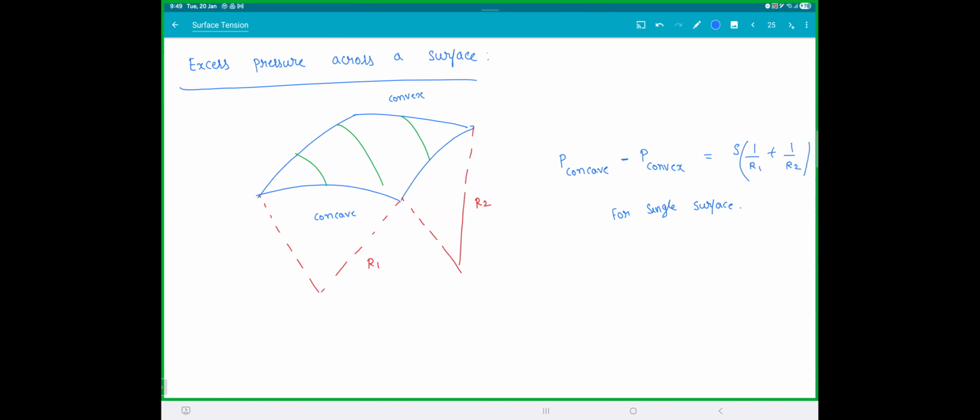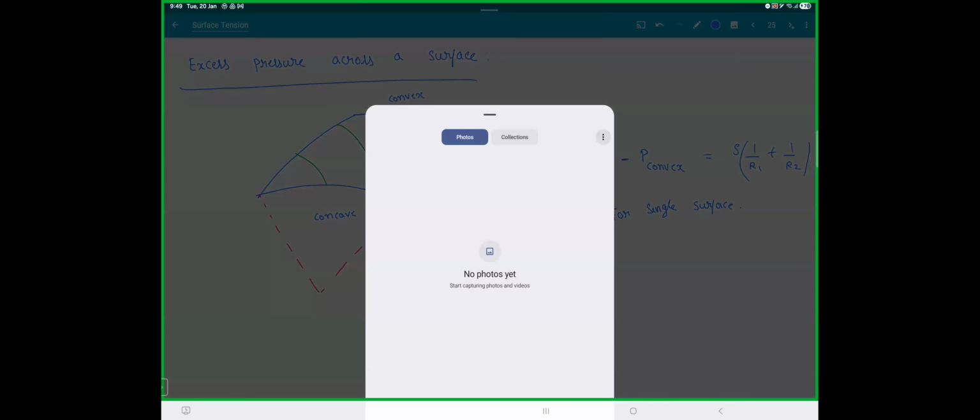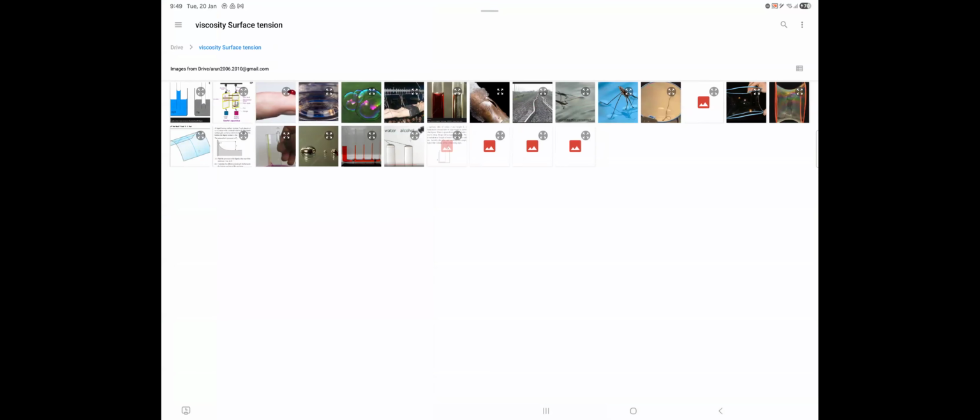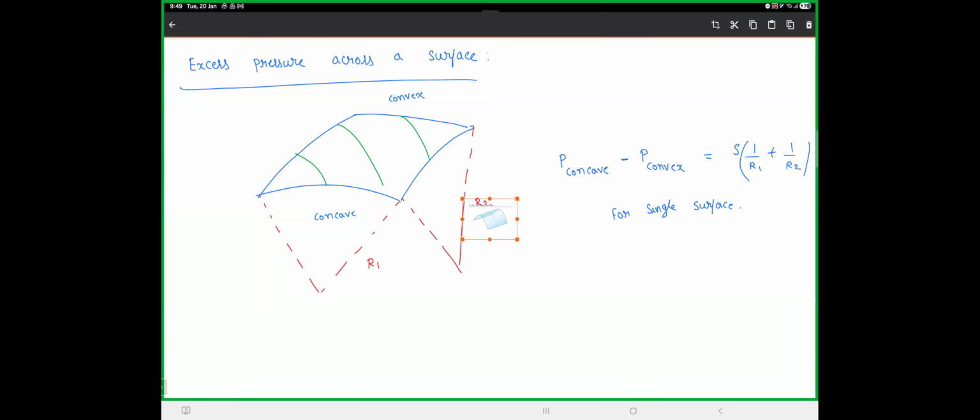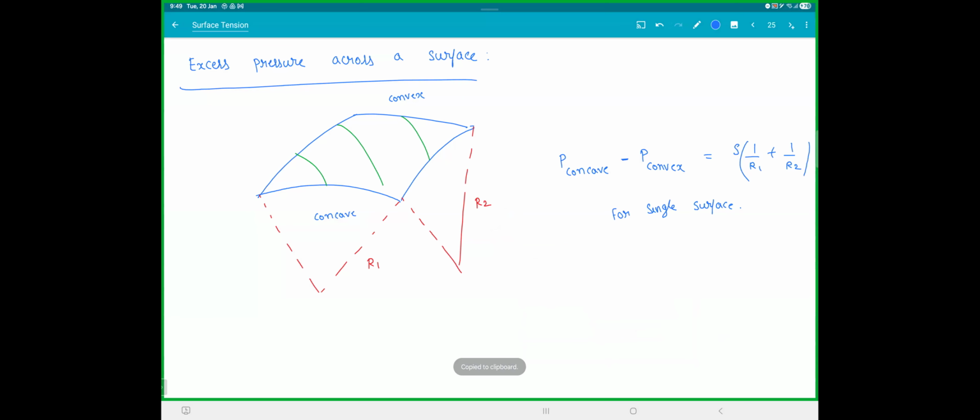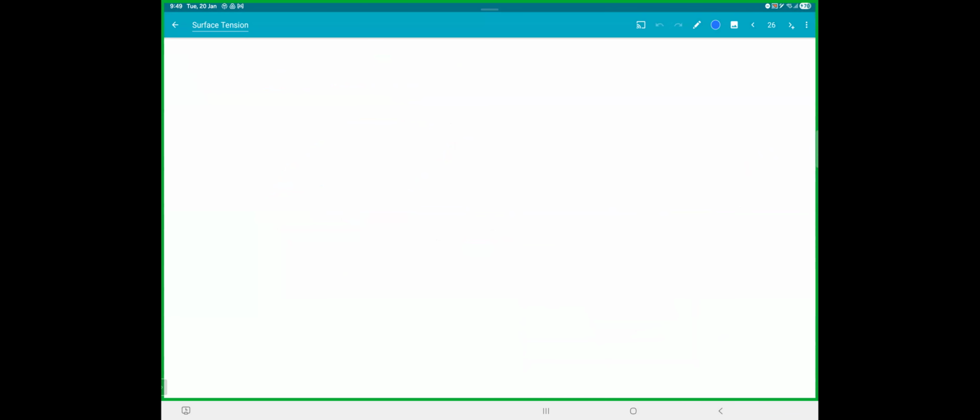I'll give you some examples. Have a look at this. So this is our general formula there. Now, if you take a sphere, you have to take the two radius of curvatures in two perpendicular directions.